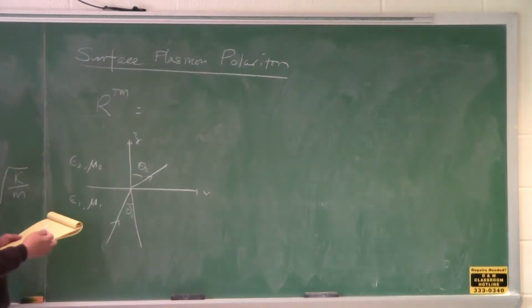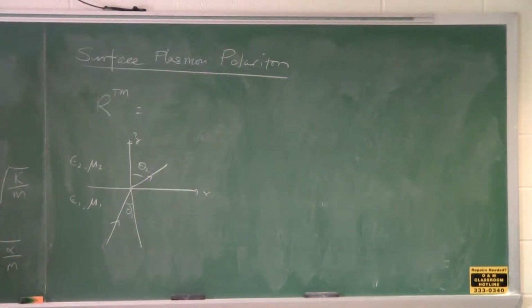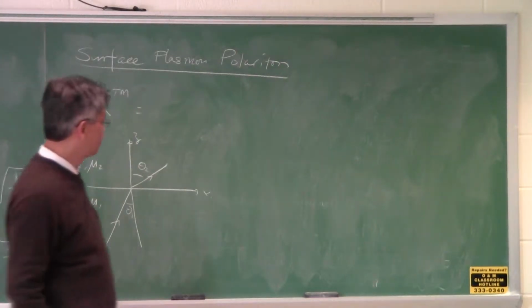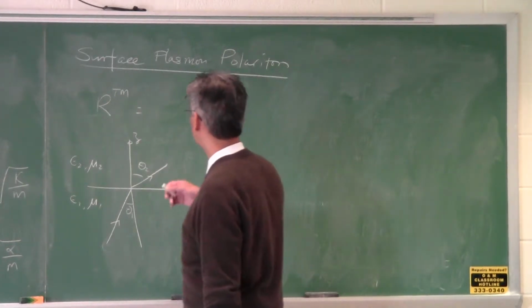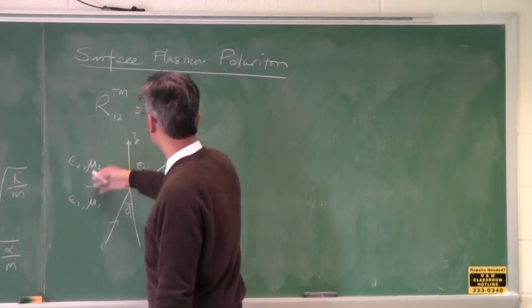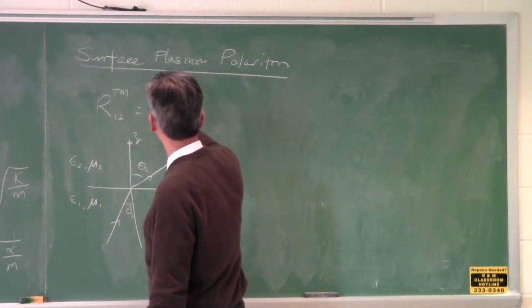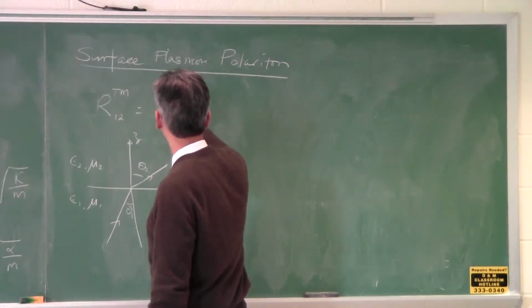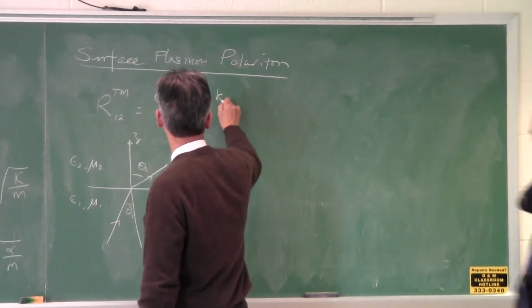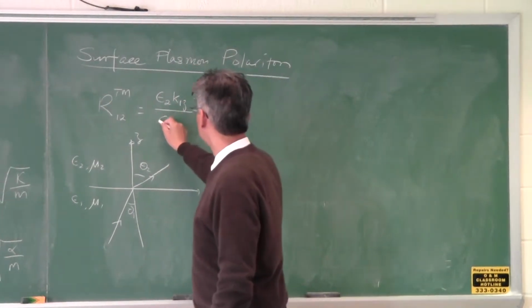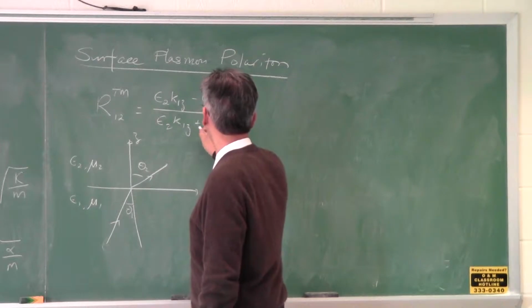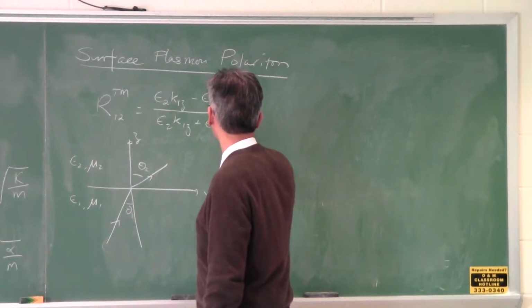Then they match boundary conditions and obtain the formula for the surface plasmon polariton. But we can do that very easily using a different approach, which is to look at R12 TM, which is given by epsilon 2 K1z minus epsilon 1 K2z over epsilon 2 K1z plus epsilon 1 K2z.